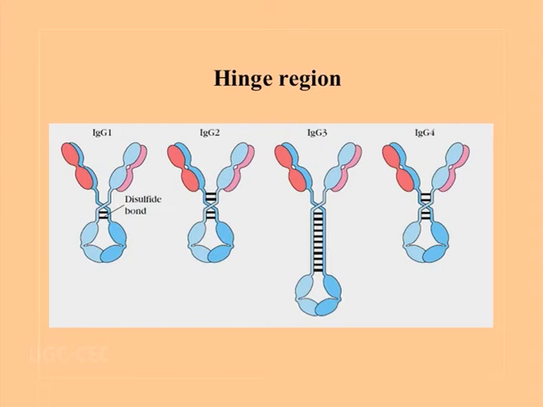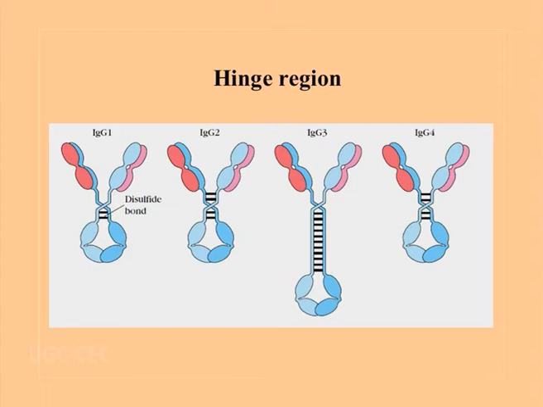Now, depending on the length of the hinge region and the number of disulfide linkages, the IgG isotype can be divided into many sub-isotypes. The disulfide linkages are found between cysteine residues present on both the heavy chains. IgG isotype is divided into 4 sub-isotypes, IgG 1, 2, 3 and 4.